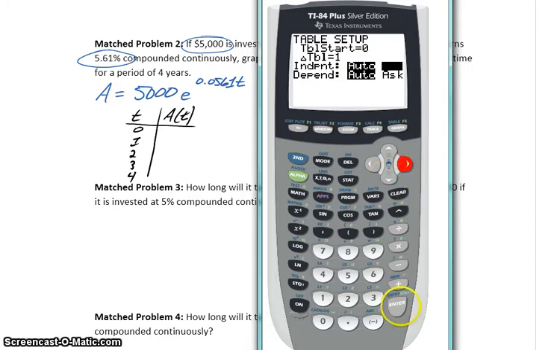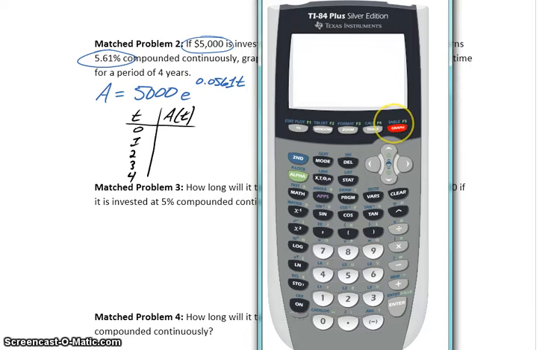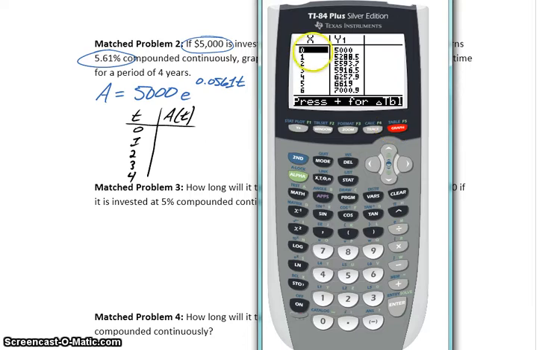The other option would be to set this to ask, in which case we would type in the individual x values that we're interested in. So the quicker way in this case is to set that to auto, and then we'll press the second key and then table. And what we have is an automatically generated table giving us an x value of 0, 1, 2, 3, 4, and this is going to keep going, and giving us those corresponding y values.